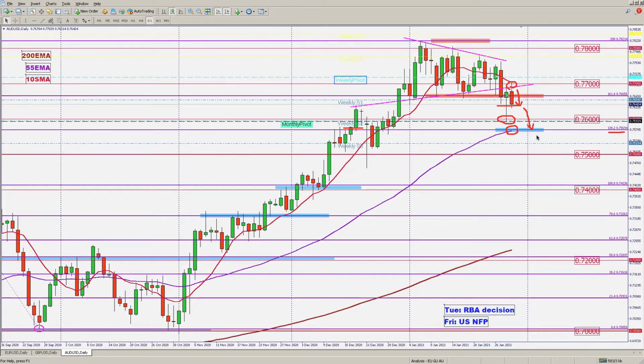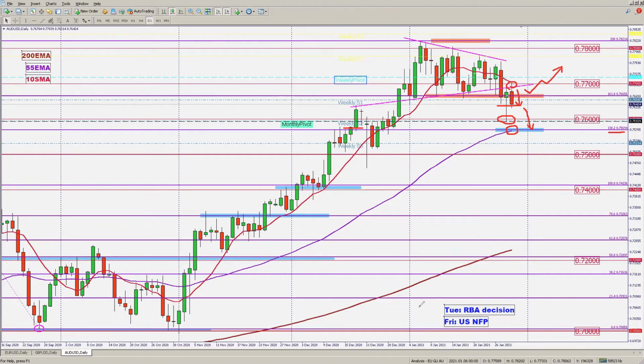We'll see how far it's going to retrace. Otherwise, it needs to recover back above the 162 fib and then the 0.800 in order to recover that retracement and resume its bullish move of the last couple of months.